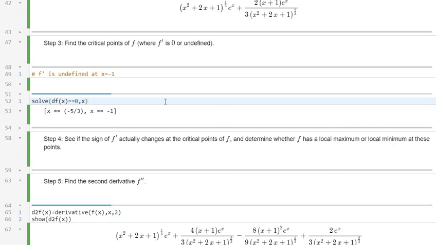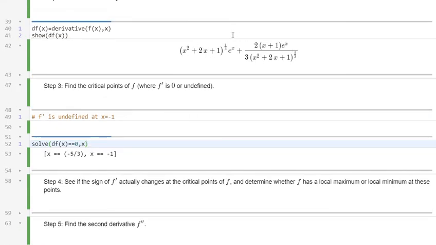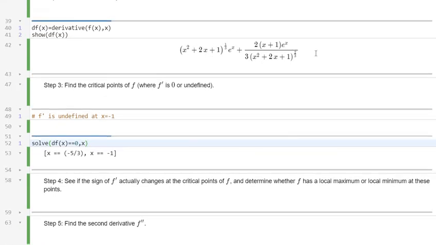This means that whoever programmed the solve command in CoCalc didn't do it all the way. This is an extraneous solution. You may remember from pre-calculus talking about such things. The way that you would go about solving this equation, set it equal to 0 and try to solve for x, the solution technique would eliminate this problem at -1, and so this ends up being an extraneous solution.